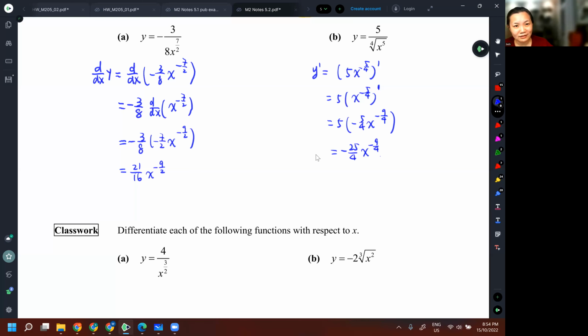Say again? Negative 4/3 x over x to the power 1/3. Yes, correct. I just now heard something weird. It's correct.